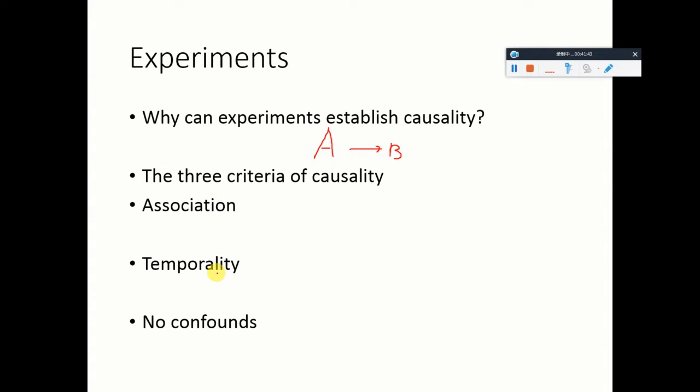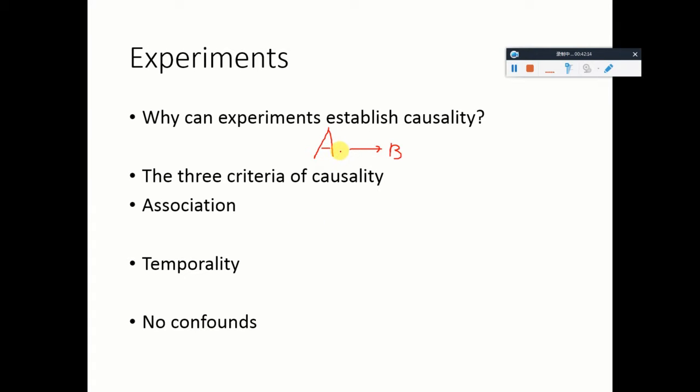The second criterion is that for us to be able to claim that A causes B, we must be able to establish that A must occur prior to B. That is the requirement of temporality, because cause must always happen before effects take place. The third criterion is there are no alternative explanations.